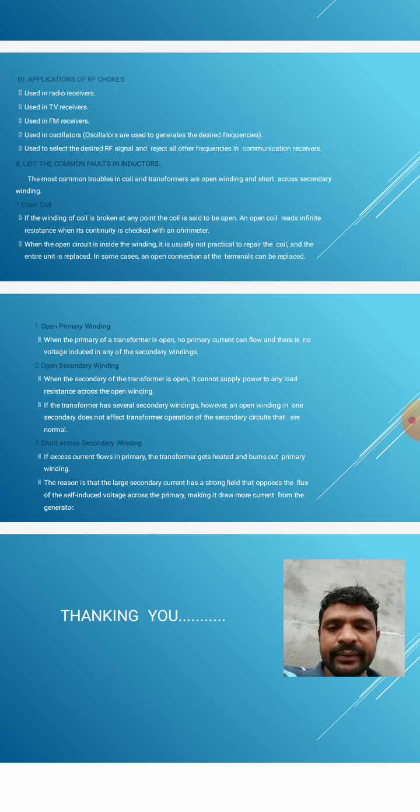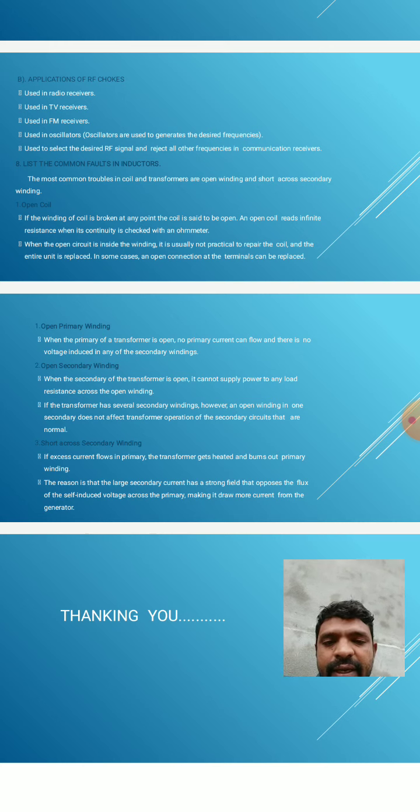If the transformer has several secondary windings, however, an open winding in one secondary does not affect the operation of the secondary circuits that are normal. So if the secondary coil is open, the current is not supplied to any load resistance.